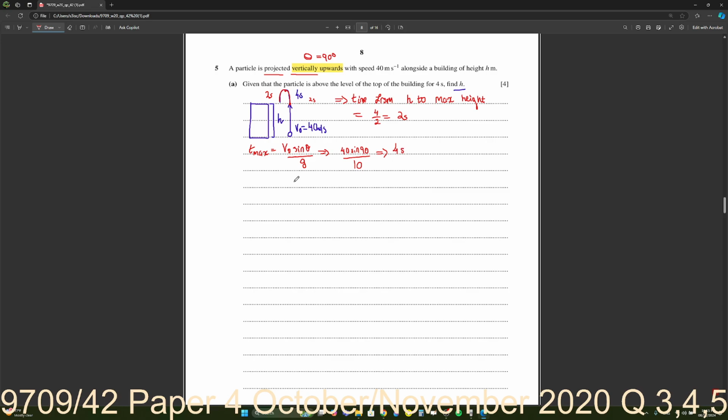So it took 4 seconds to reach maximum height. And we know that it took 2 seconds to go from h to maximum height. Right?